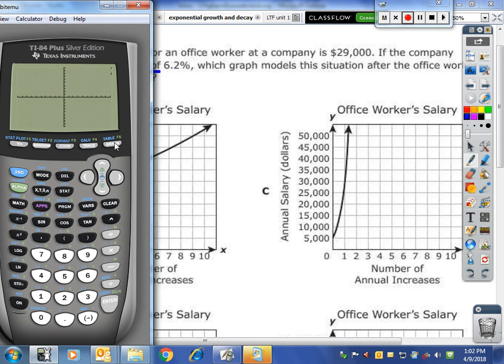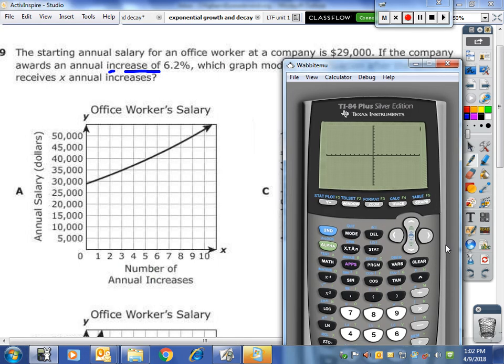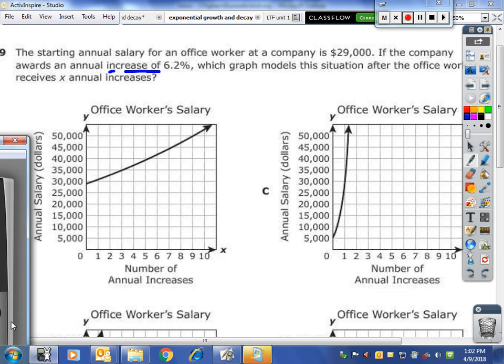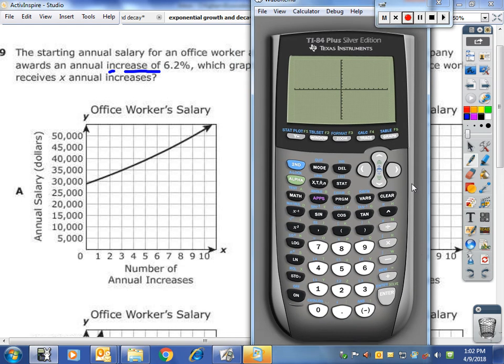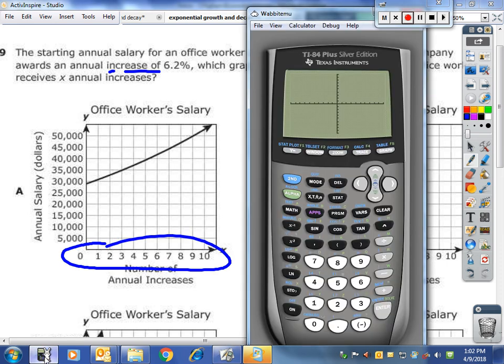Now, if I hit graph, I'm not going to see any of this because I'm not in the right window. So we're going to use our answer choices here to set up our window. Okay, so look at my x values. What should my x values start and end? 0 to 10. So my window, I'm going to go from 0 to 10, and scale means what I count by. I'm going to count by ones.